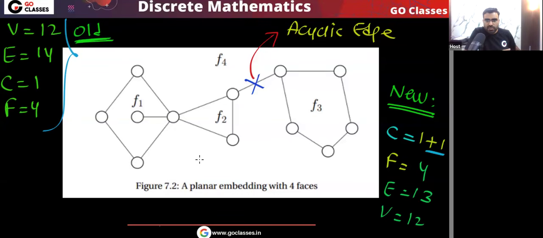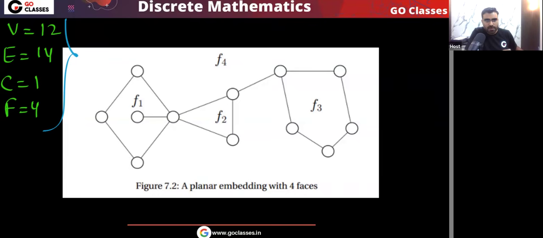So finally you can easily see, if I delete an acyclic edge, then the number of components will increase by 1 and the number of faces will be unchanged. You can see the same thing. This is also an acyclic edge, yes or no? Let me delete this edge. Now tell me what will happen. If I delete this edge, what will be the new number of components?